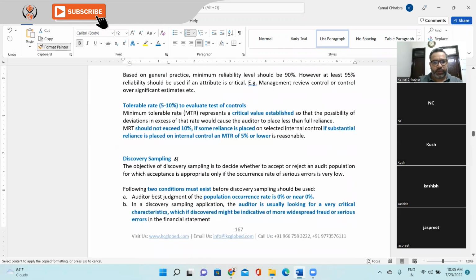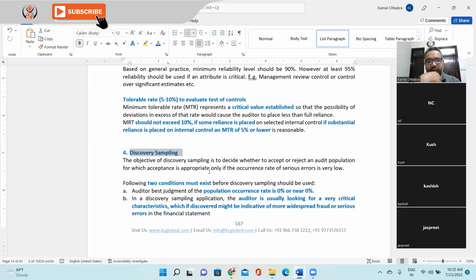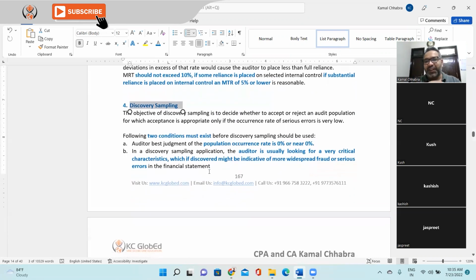is discovery sampling. Have you heard about this term before, discovery sampling? Anyone have any idea, or anyone even heard this term before? Don't worry, I'll not ask many questions. I was going to say I have heard about it, but never used it honestly, because we have that in one of the drop downs with the tools that we have.